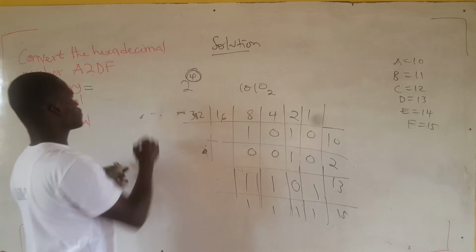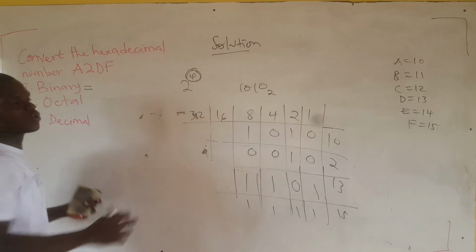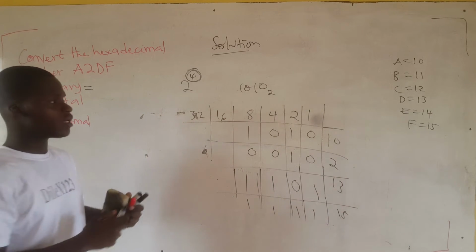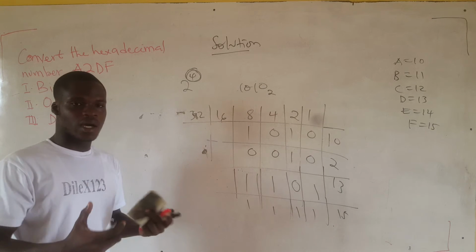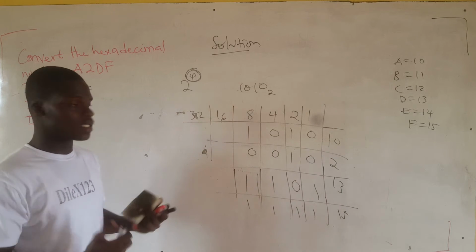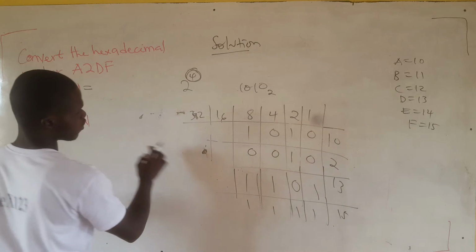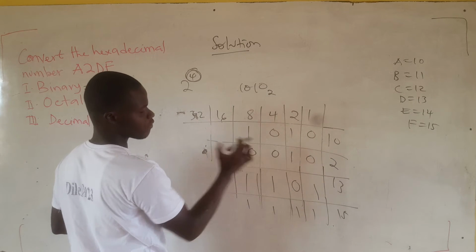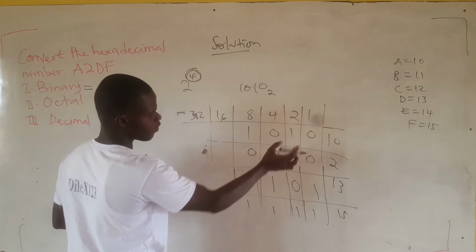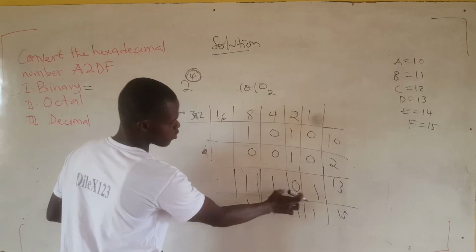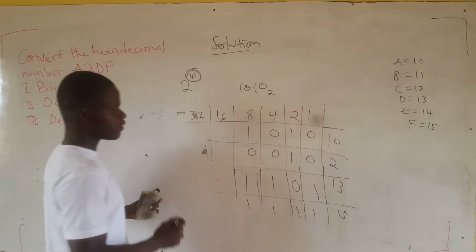So we have to represent each digit using 4 digits, or to be more technical, 4 bits. So 4 bits to represent 10, 4 to represent 2, 4 to represent 13, 4 to represent 15.